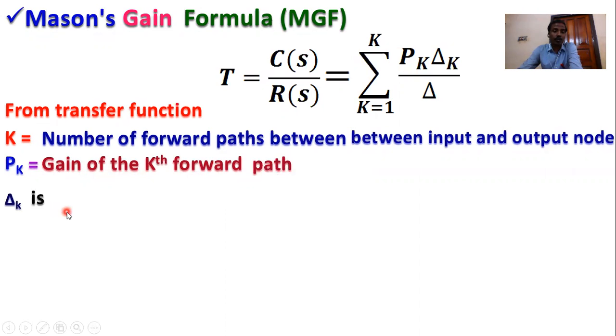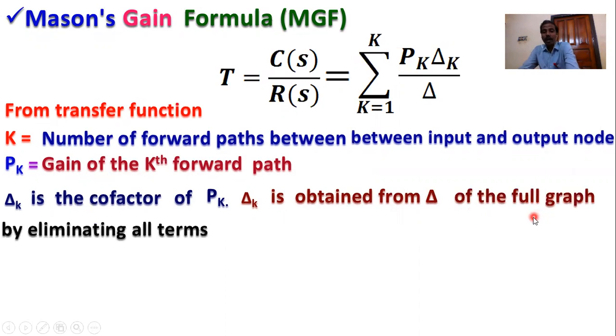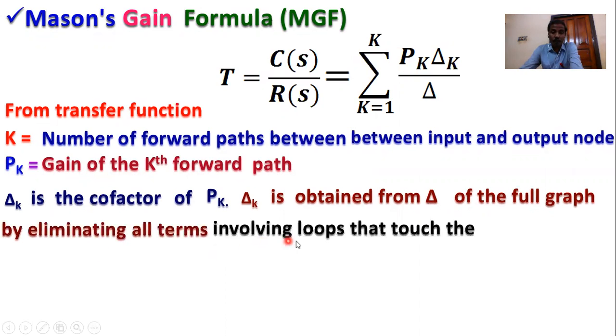And delta k is the cofactor of Pk. Delta k is obtained from delta of the full graph by eliminating all terms involving loops that touch the kth forward path.